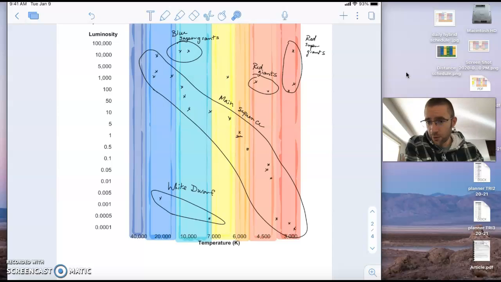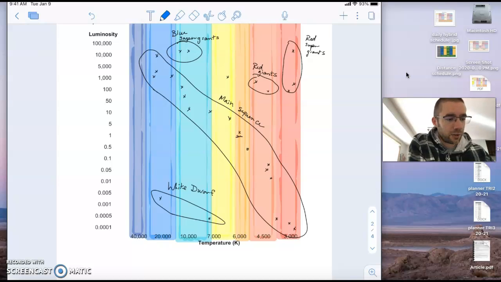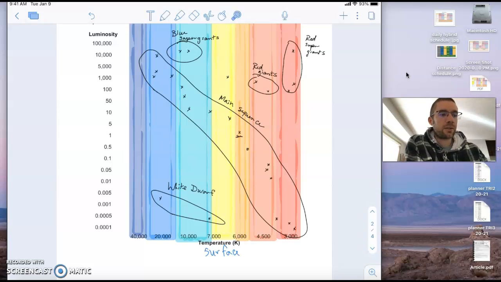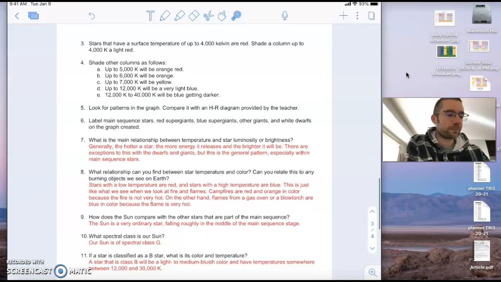However, the temperature here is based on the surface temperature, not the internal temperature. The surface of these supergiants is cooler. So the big relationship that you're supposed to take away from the HR diagram is that cooler surface temperature stars have a lower luminosity, whereas higher temperature stars have a higher luminosity. That was the big takeaway.